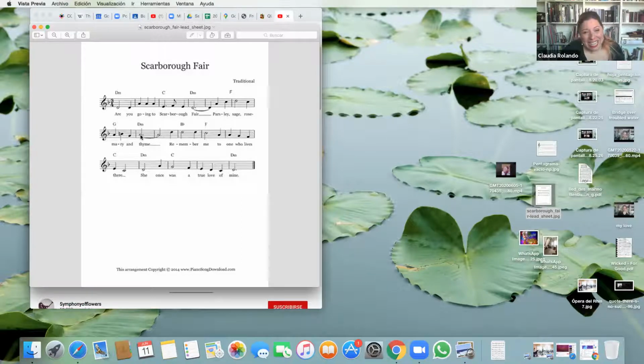We could say that is a variation from the first. It could be a variation of the one, the first. We could say that is A, and then B, C, A prima.